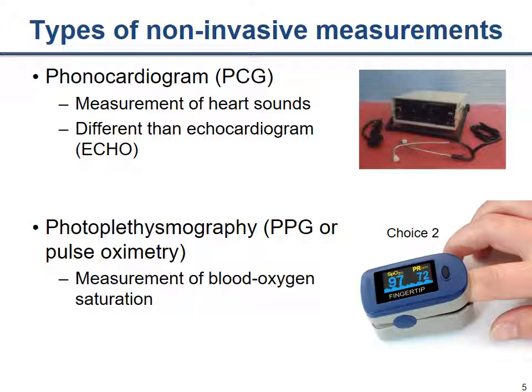There's another vital sign that's actually arguably the vital sign when you go into a hospital. This is one of the first things they do, and it is photoplethysmography, or PPG, otherwise known as pulse oximetry. And this is measuring the oxygen concentration inside of blood. Okay, and it's actually a really interesting measurement.